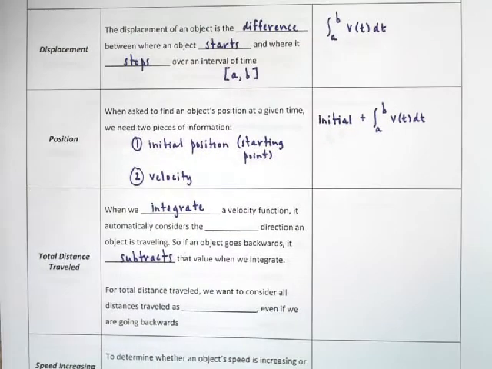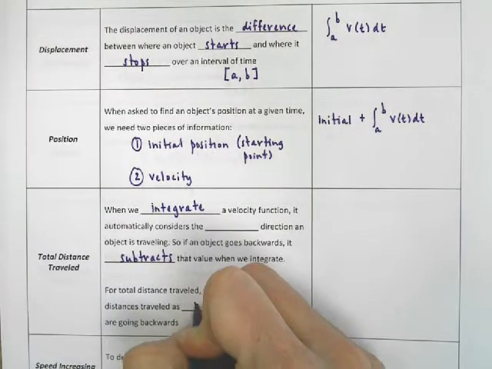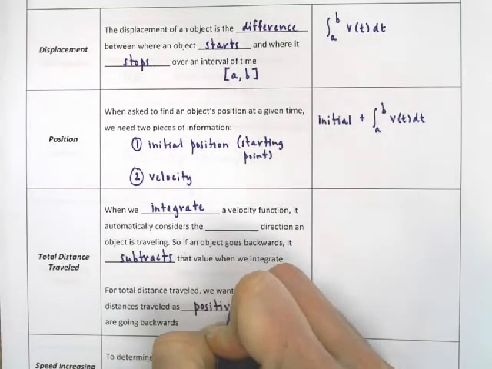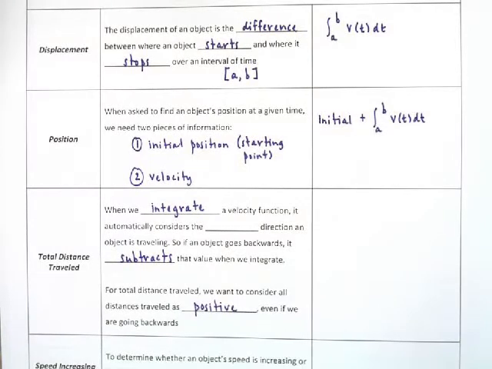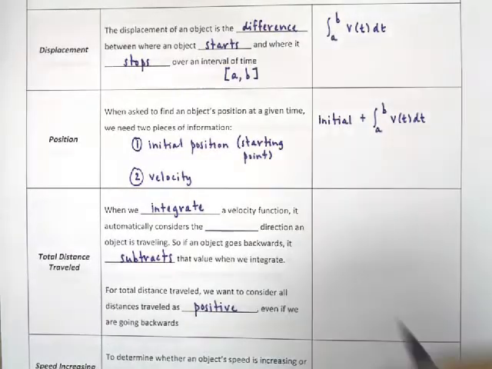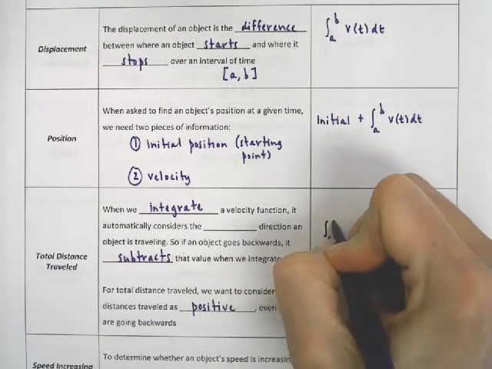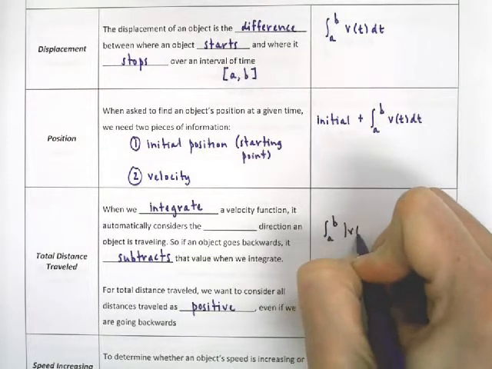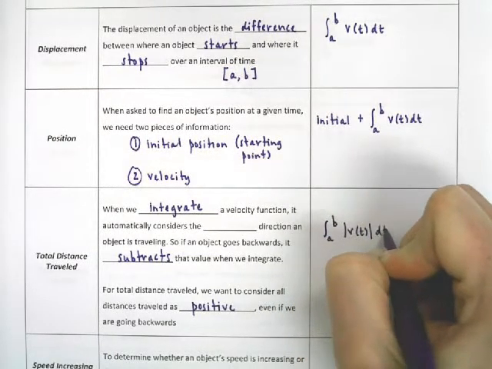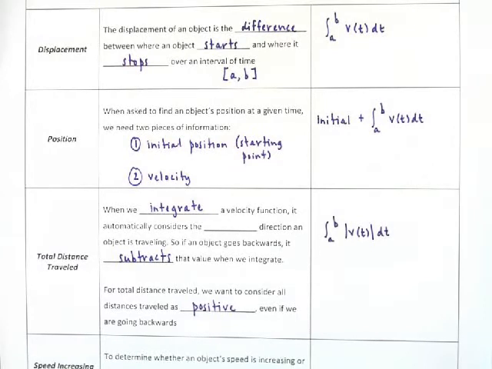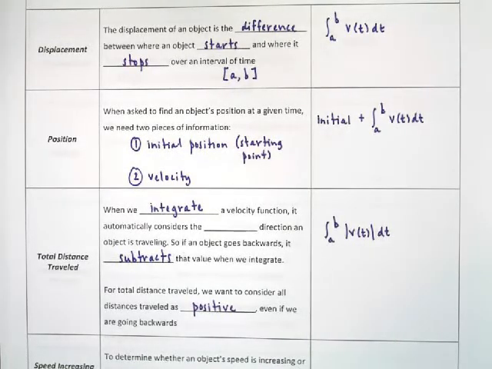So for total distance traveled, what we really want is all the distance traveled. We want to consider that all as positive, even if we're going backwards. So in other words, for total distance traveled, I don't want to subtract out that area. So what we do here is we're going to integrate the absolute value of that velocity function. Now it takes all of that area under that curve and makes it positive, so then when we add it up, we get the total distance that we traveled over that interval.